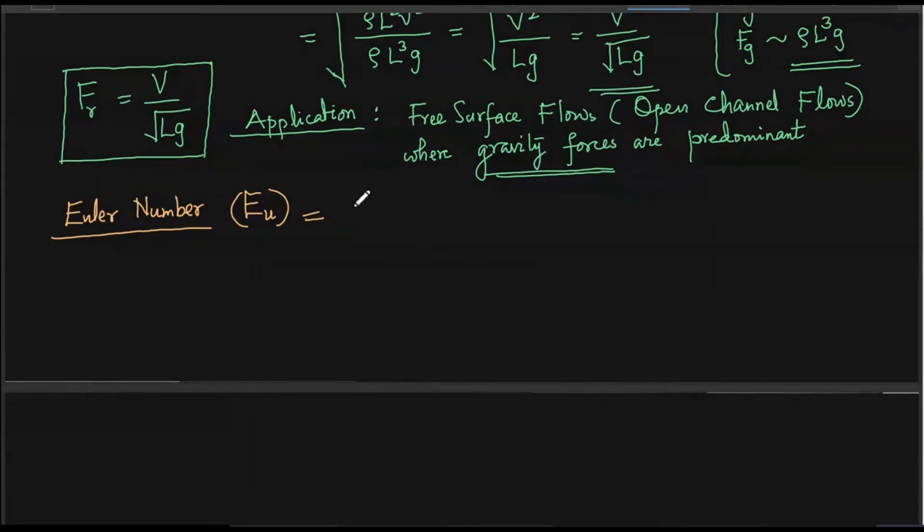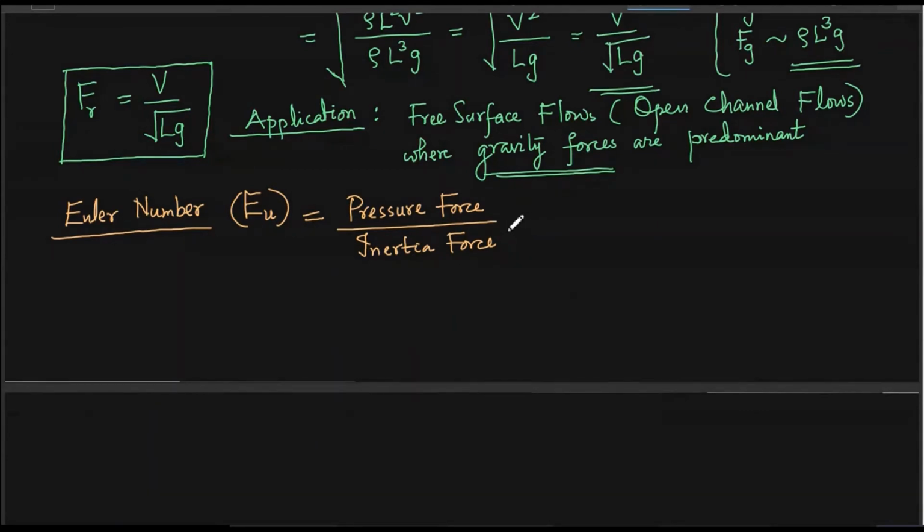It is a ratio of pressure force to inertia force. It is taken the other way also, but the most prominent form is this one, pressure force by inertia force. So I prefer this form, and you can use this form of Euler number wherever applicable.